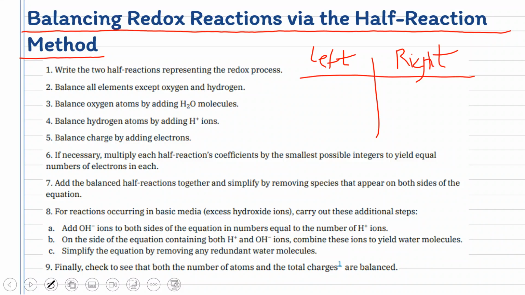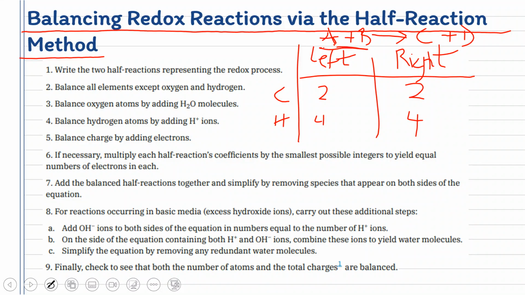If, let's say, carbon has 2 on the left, it has to have 2 on the right. If hydrogen has 4, then it has to have 4 on the right. When I say right, I mean, let's say A plus B produces C plus D. So this is the left hand side of the equation. We call those what? Reactants, for anybody who forgot. Then C plus D, that's the right hand side of the equation.